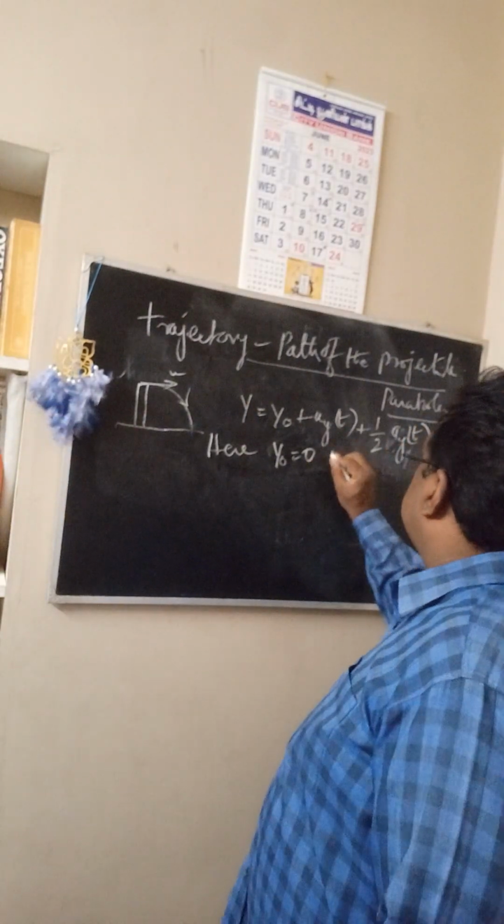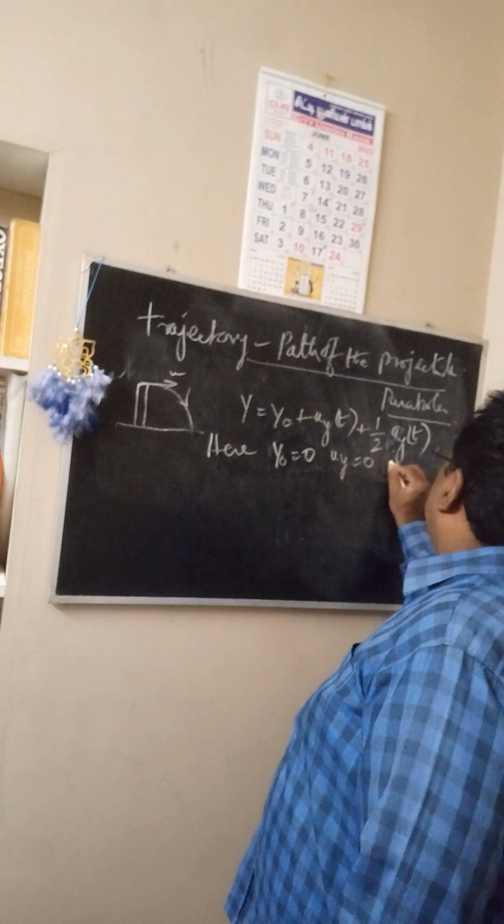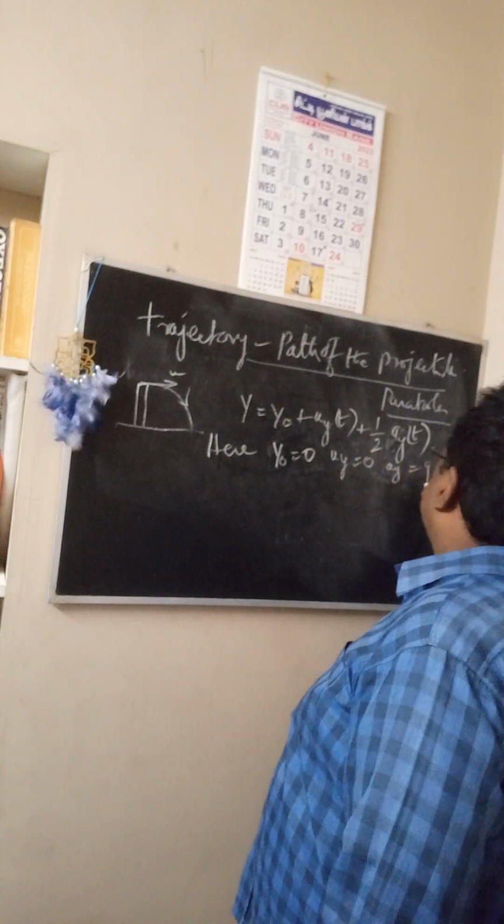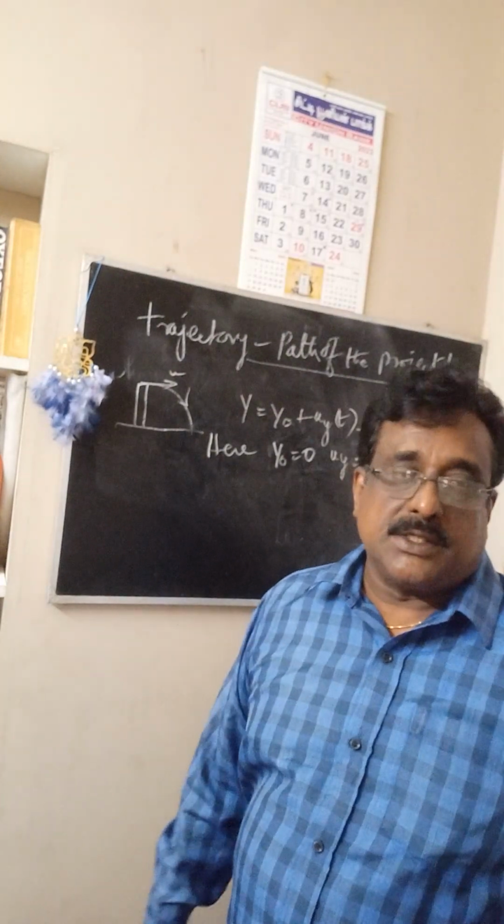The initial vertical velocity is also 0, so uy is 0, and the acceleration is nothing but g, the gravitational acceleration.